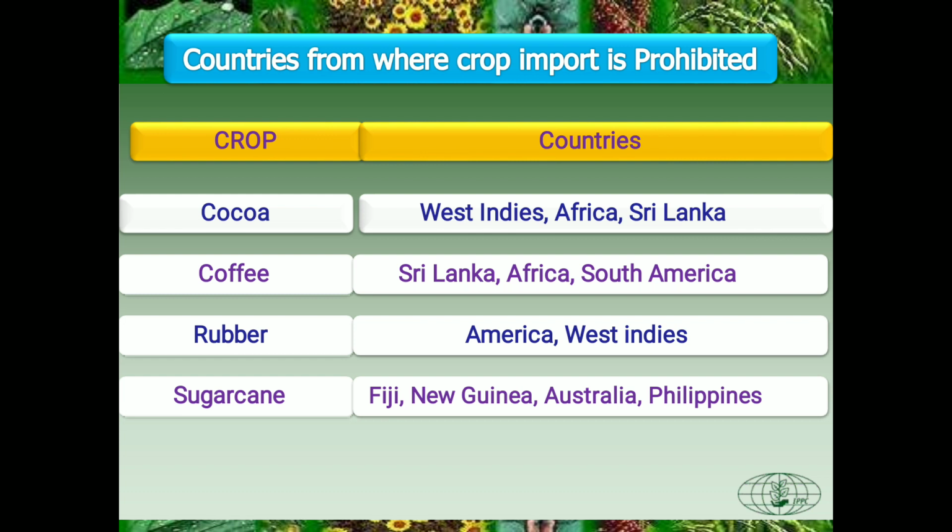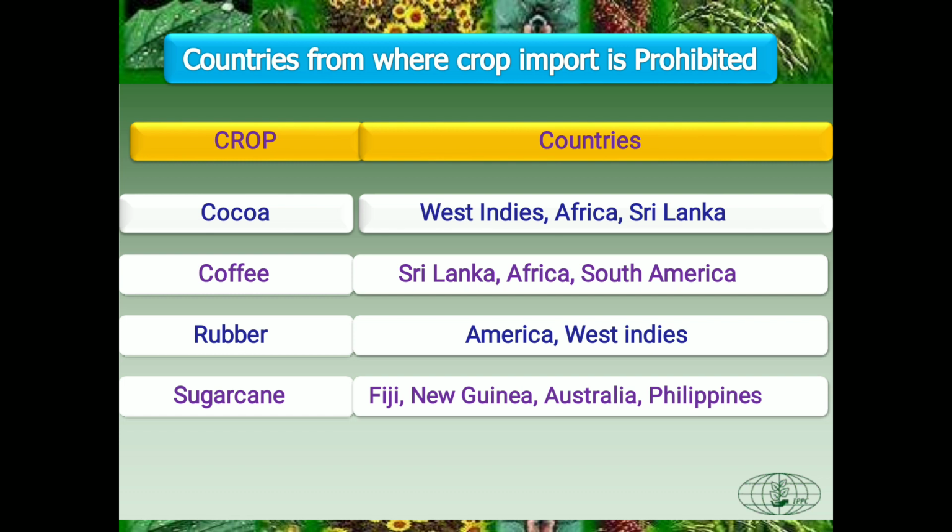So here we discuss that during the PRA analysis, some crops are completely restricted from different countries. So PRA provides information about the spread of such pests or infected plant material. For example, the crop cocoa is completely prohibited from the West Indies, Africa and Sri Lanka.